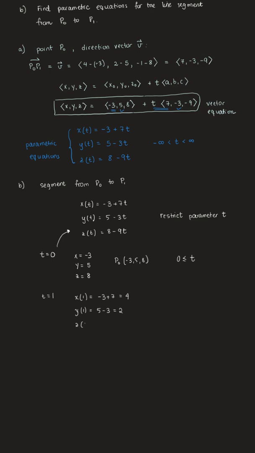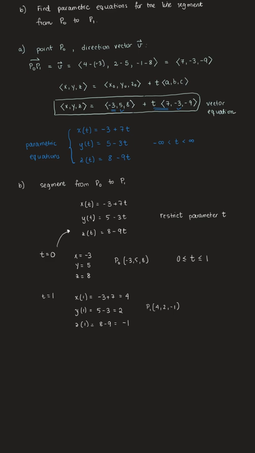And z of 1 is 8 minus 9, which gives us -1. And those are the coordinates of P sub 1, 4, 2, -1. And so we know that our right endpoint for t has to be 1 for the interval.